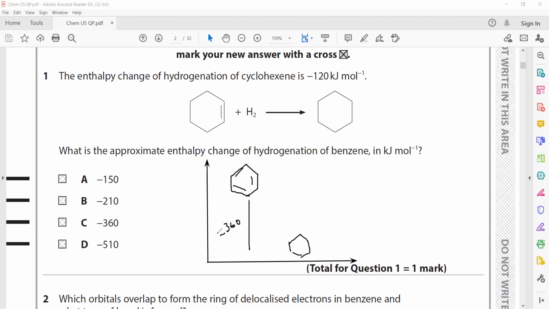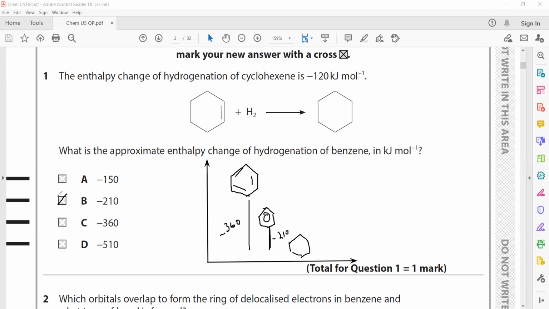So we have a benzene ring. Benzene is more stable compared to that of the cyclic alkane. So the difference in the enthalpy change value will be smaller between the reactant and product, and this is approximately minus 210 when the alternate double bonds in benzene break down and convert into a cyclic alkane.